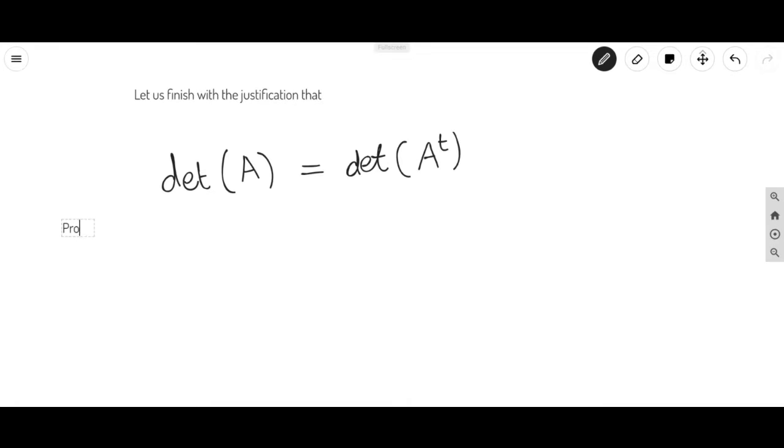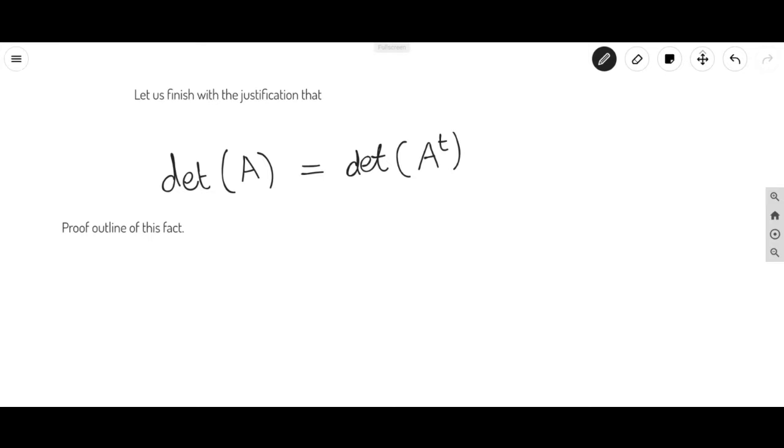So here's a proof outline. I'm going to give you the ideas of how to do it, and if you're interested, you can carefully check all of these facts. It's actually not that obvious why these two have to be the same.